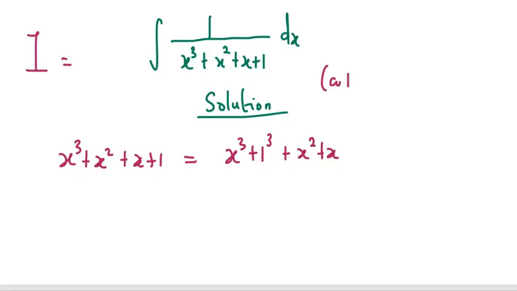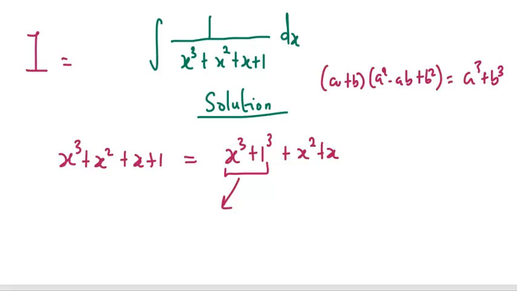So we have that a plus b multiplied by a squared minus ab plus b squared is equal to a cubed plus b cubed. So use that right over here, and this becomes x plus 1, right? Then multiply by x squared minus x plus 1. And then plus, factor out x here, and we're left with x plus 1.